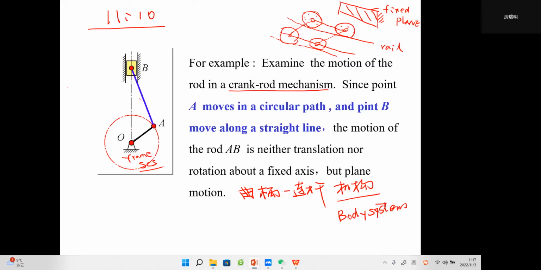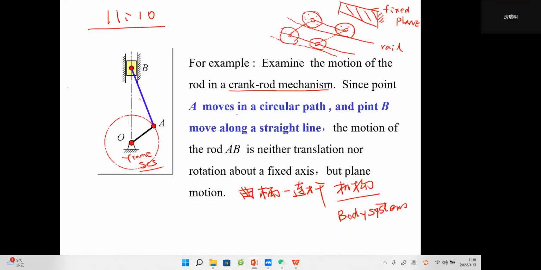Because of the rotation of this OA, our final tool, this yellow slider, will always have a translational movement up and down, up and down, you know? So actually this rod AB will have plane motion.